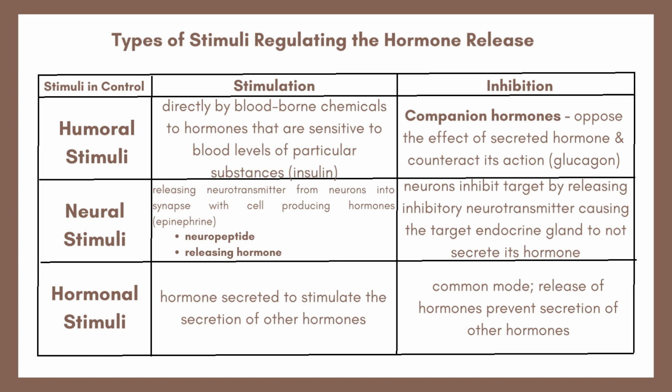The inhibition in hormonal stimuli is inhibiting hormones from the hypothalamus that prevent the secretion of trophic hormones. The possible inhibition would be the RT3, also known as reverse T3.